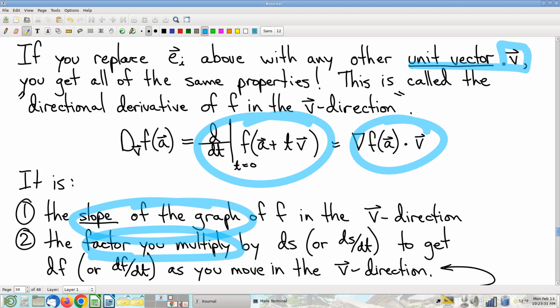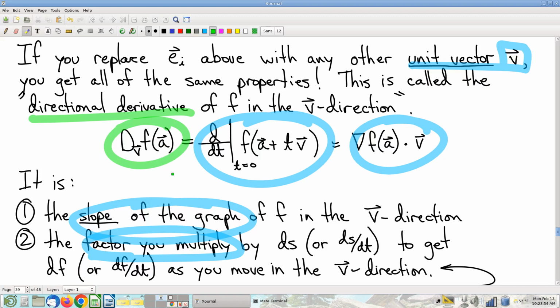And when you're not going in the direction of an axis, in the direction of a standard basis vector, we can't call it a partial derivative, but this is still an interesting thing. It's a connection between a lot of different ideas, so we give it a different name. We call it a directional derivative, and we use this notation right here. Note that this notation indicates where I'm computing this thing, what point A I'm sitting at.